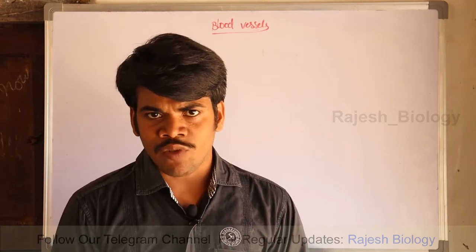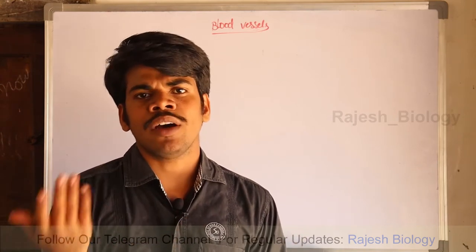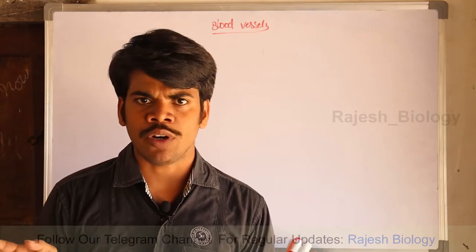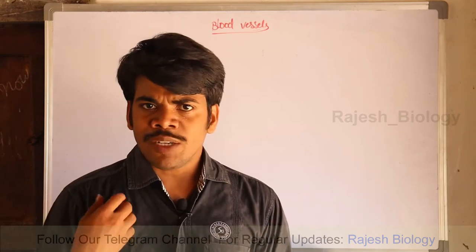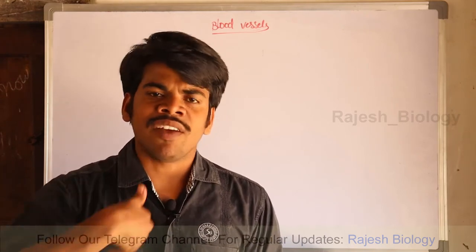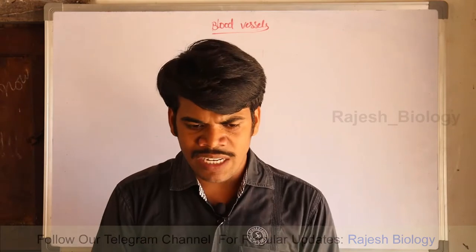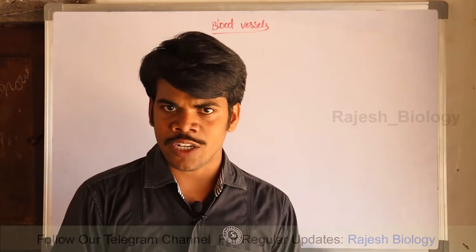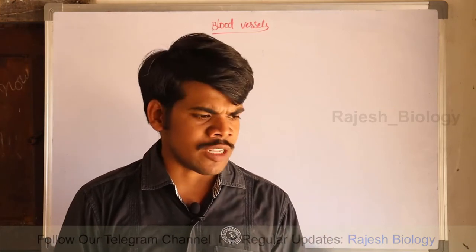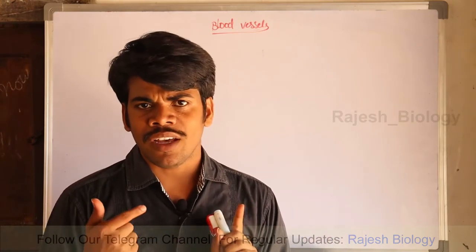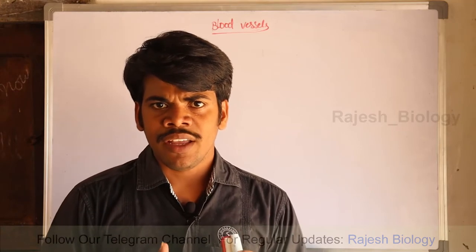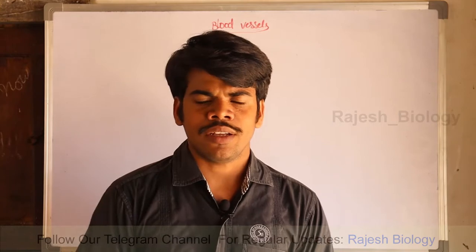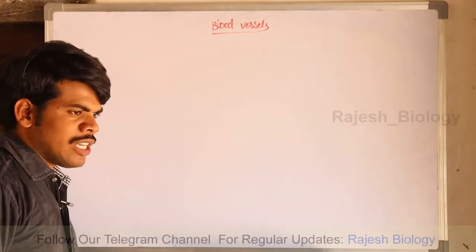Like pulmonary arteries, they carry blood away from the heart to the lungs or the remaining tissues, and systemic arches also carry the blood away from the heart. So the blood vessels which carry blood towards the heart are known as veins, either oxygenated or deoxygenated, either pulmonary or systemic. And the blood vessels which carry blood from the heart to the different tissues are known as arteries. Right, we will discuss the capillaries next.